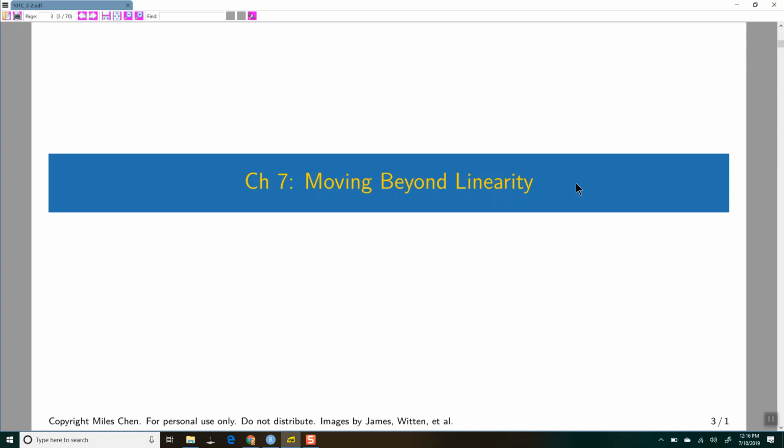All right, so on Monday we talked about linear model selection, regularization, all of that, and then today in chapter 7 we're going to talk about fitting things that are not linear, right?